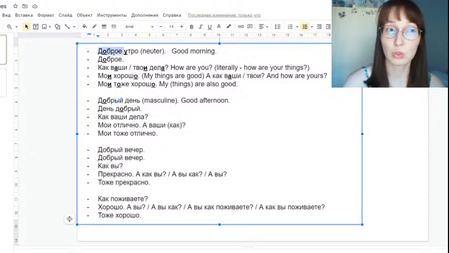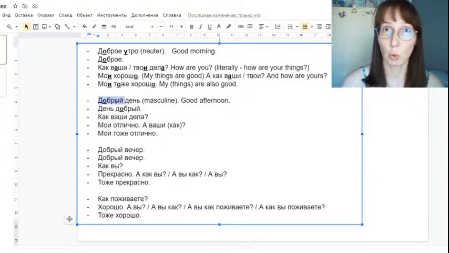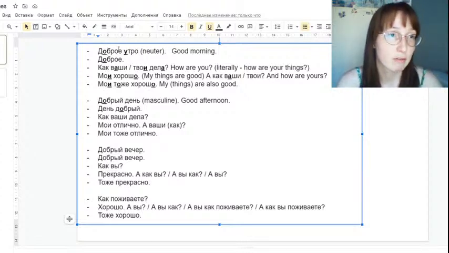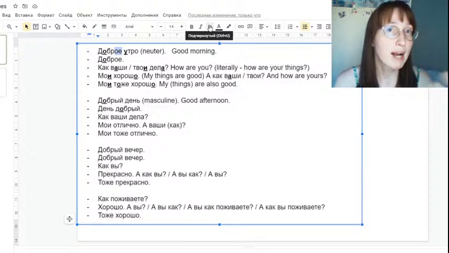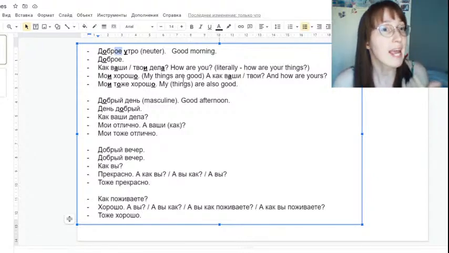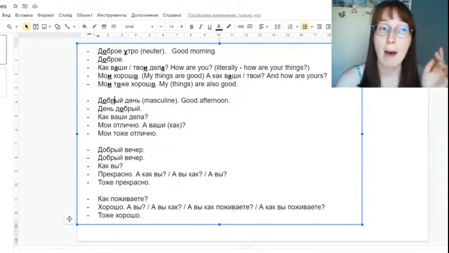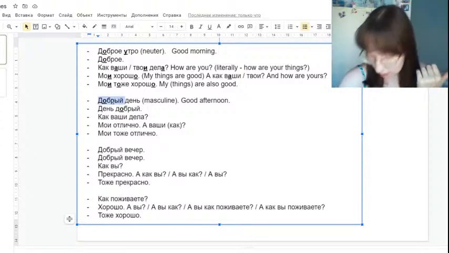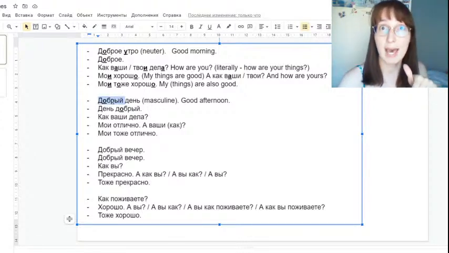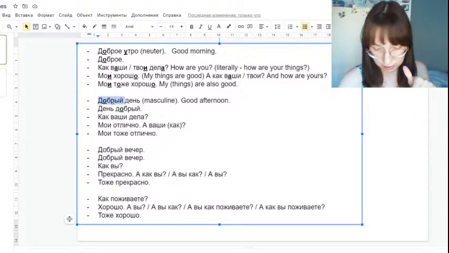Okay? Утро доброе, but день добрый. Доброе and добрый are adjectives. So please try to memorize the endings through these dialogues. Neuter endings, masculine endings, okay? Even my cat agrees with me.